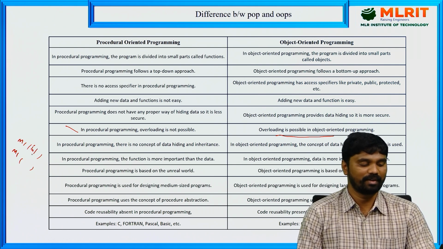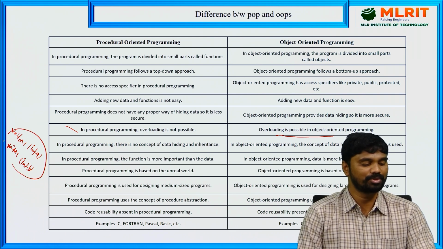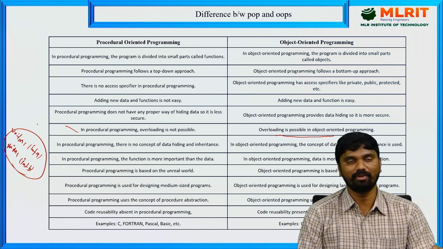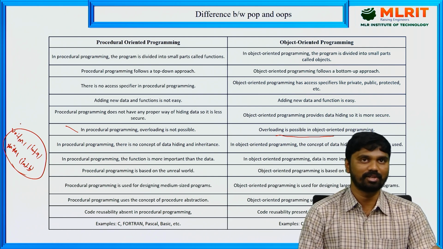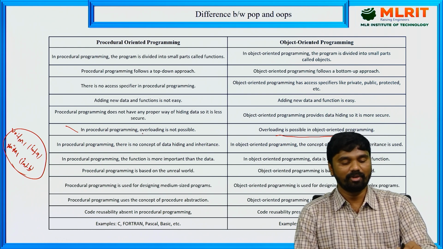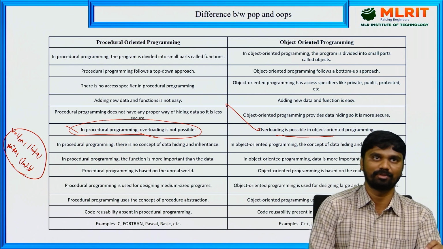These two are called method overloading. Method overloading and operator overloading are also there. So the overloading concept is not possible in procedure oriented, but it is possible in object oriented.